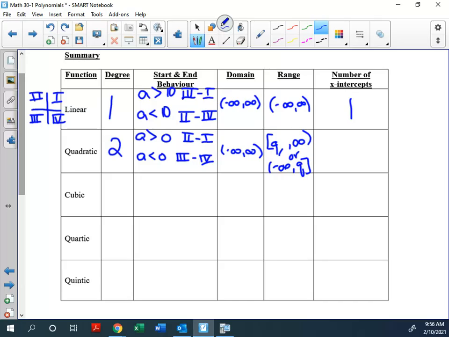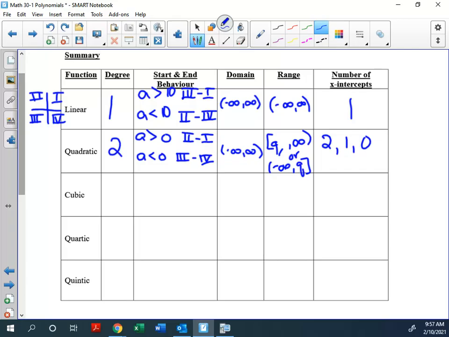And I'm using Q from that vertex form of the parabola. So my range would be restricted. How many x-intercepts did a parabola have? Did it always have 2? Did it always have 1? Did it always have 0? So we have to state it could have 2, 1, or 0, depending on its position. Okay, so there's the familiar stuff.